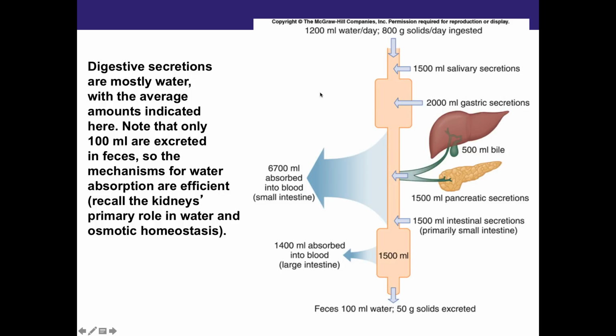Instead of being able to absorb 7 liters in the small intestines, now think about it this way, with a secretory diarrhea like cholera, where it turns on adenyl cyclase, it keeps it in that on position, and instead of 7 liters being absorbed, you get 7 liters being secreted. You can literally lose your entire bodily fluids in a 24-hour period. That's why cholera is so devastating.